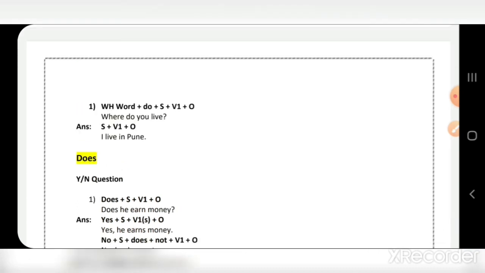I hope you understand how to make positive and negative sentences, yes no type questions, and WH questions in simple present tense. And in the next video, I would be sharing how to make real time use of simple present tense. That means without formulae, how to learn simple present tense. That I would be teaching you in the next video.